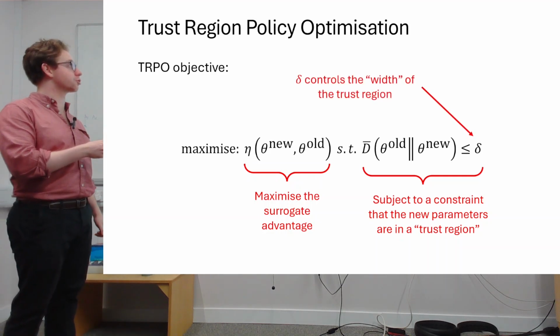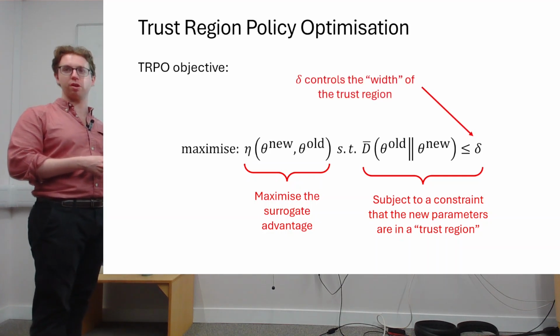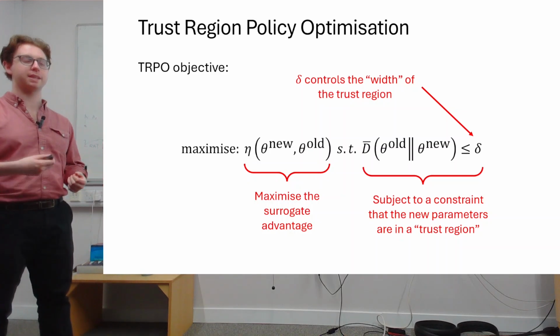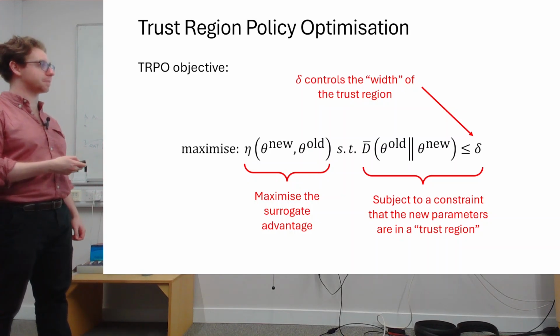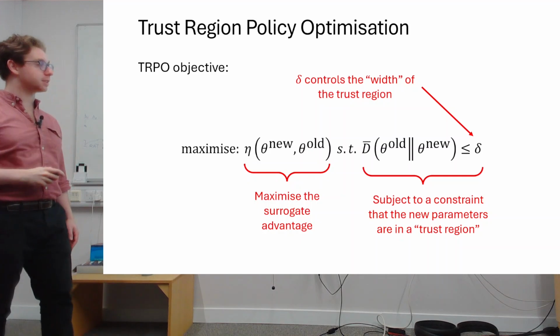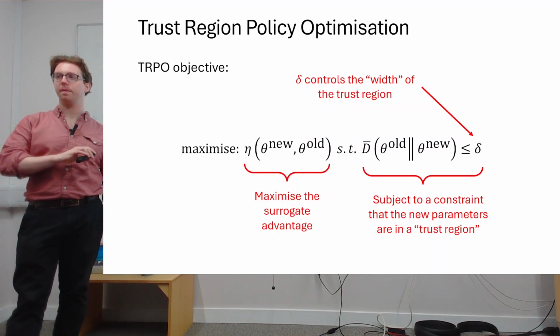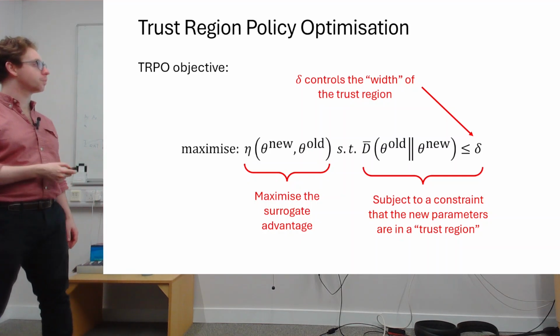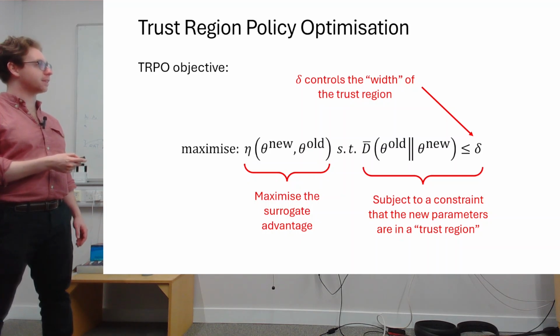So delta here controls the width of the trust region. It controls how far away we're willing to get in this distance metric. Okay? Does this make sense? Does anyone have any questions about this? Is d bar here a scalar? Yeah, d bar is again the average KL divergence, and this is just a scalar.